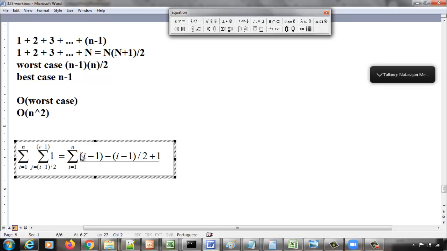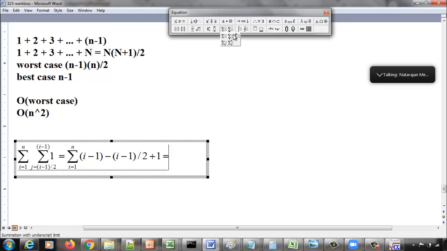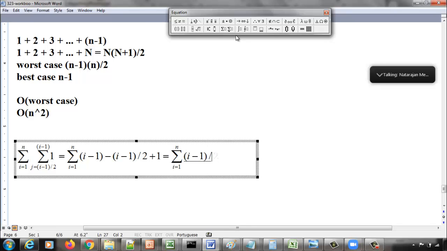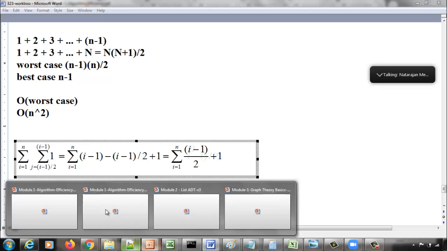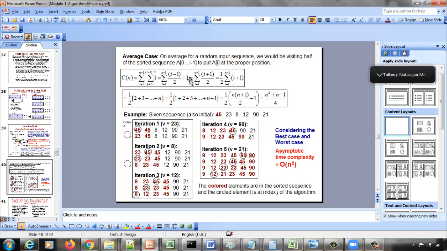So this is like some x minus x over 2 plus 1, and x minus x over 2 is simply x over 2. So i equals 1 to n, (i minus 1) over 2 plus 1. And that's what I have shown here.